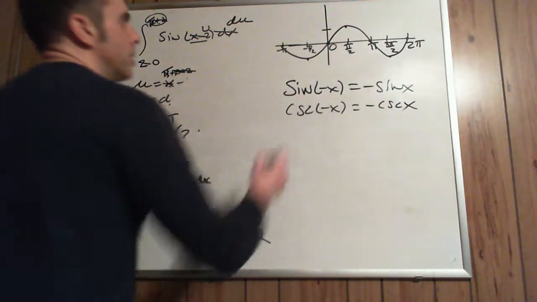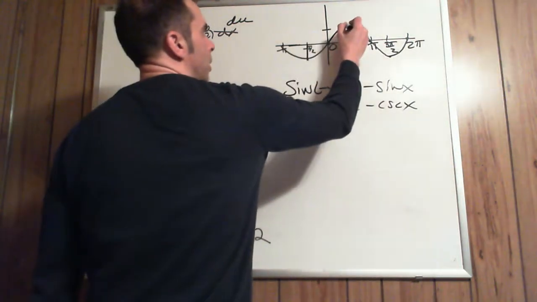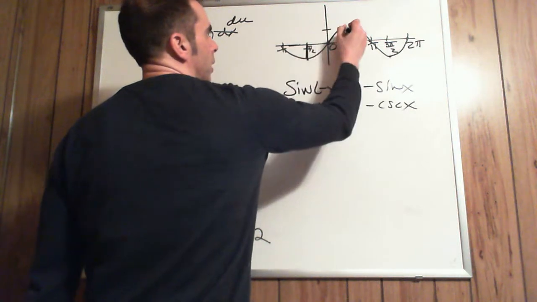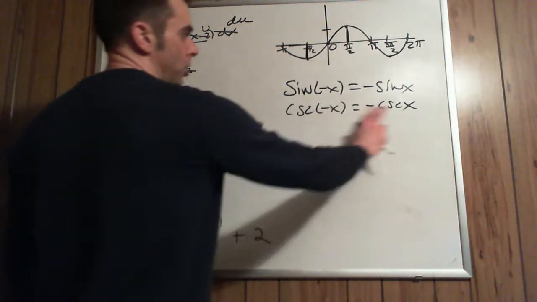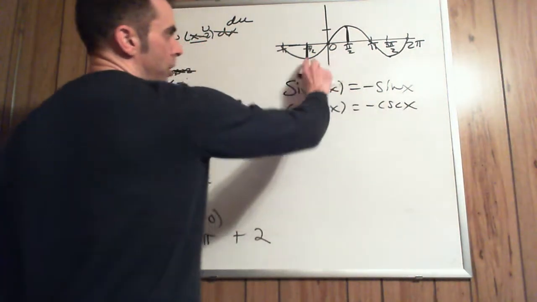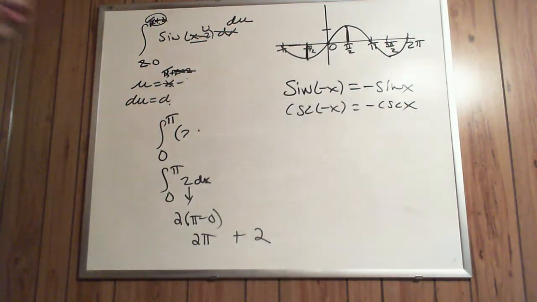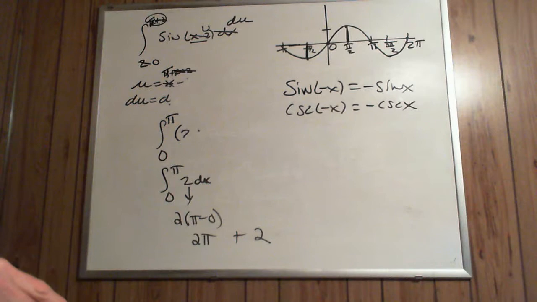So one could say that when you split them up with what they're symmetric about, odd functions have origin symmetry, passing through the origin, so it's going to be broken up at 0.